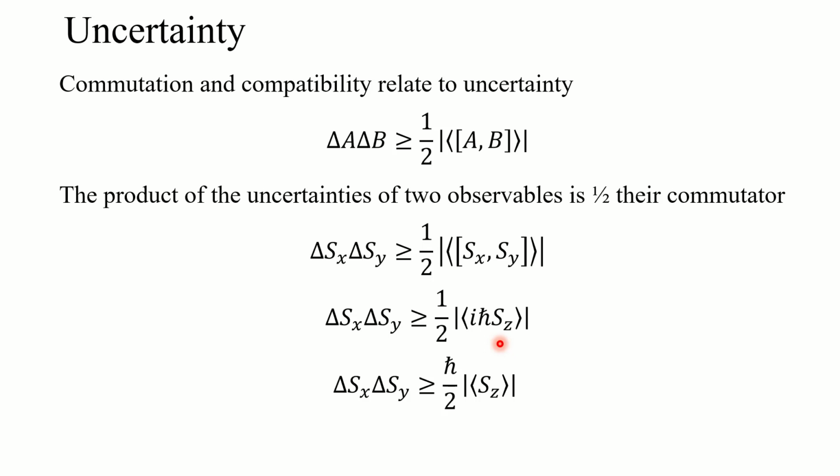If we take out that i, the magnitude, we get that the uncertainty in Sx times the uncertainty in Sy is always greater than or equal to ħ/2 times the expectation value of Sz for a given system.